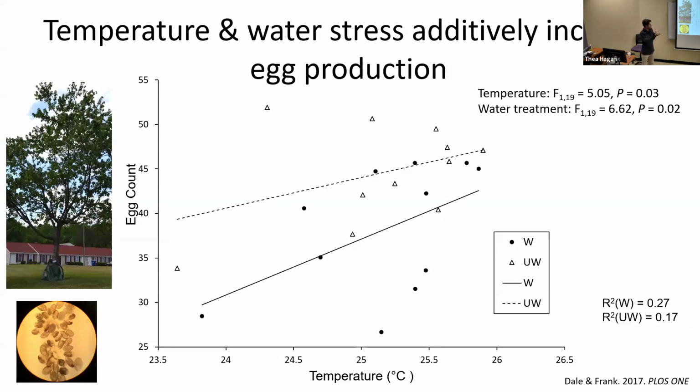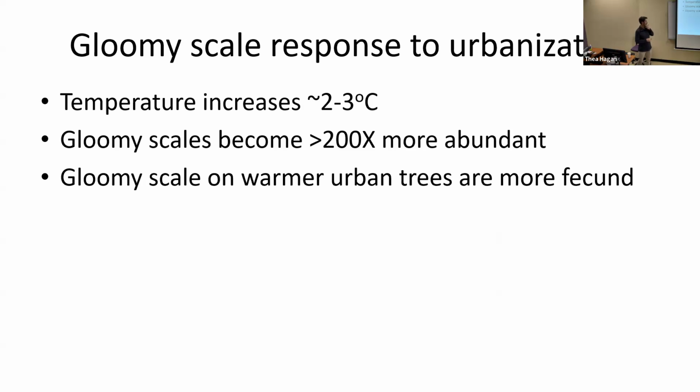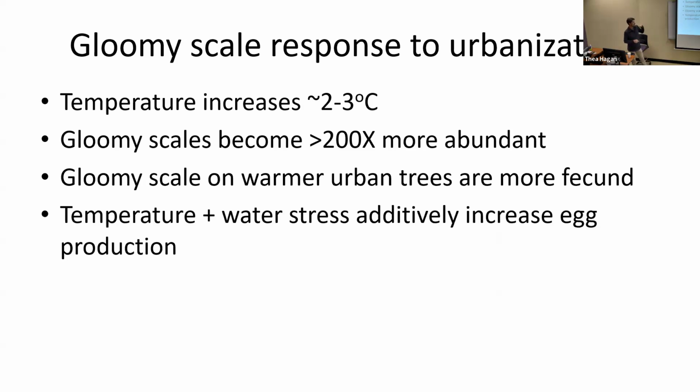Our water stressed trees, I believe on average, are producing 12% more eggs per adult female than our watered trees. So there's this additive effect of temperature and water stress on scale insect fitness. And that translates to 200 times as many scale insects, greater reproductive output, and what for the trees?